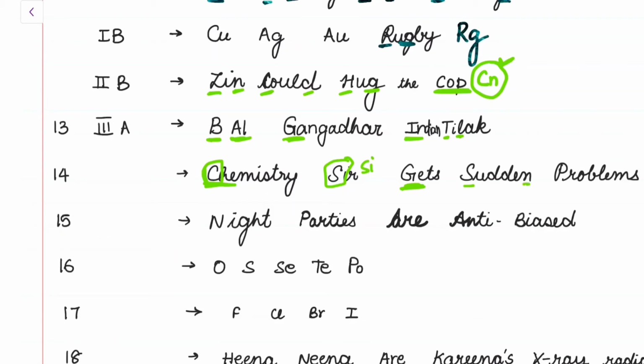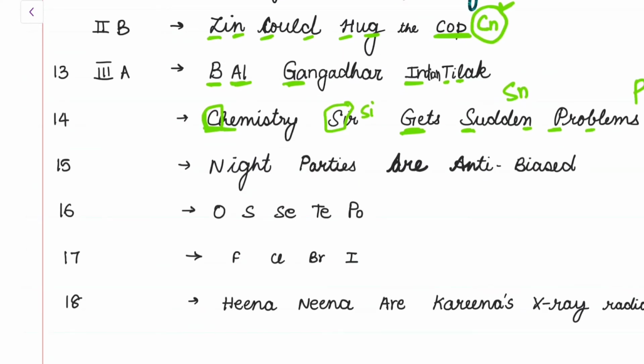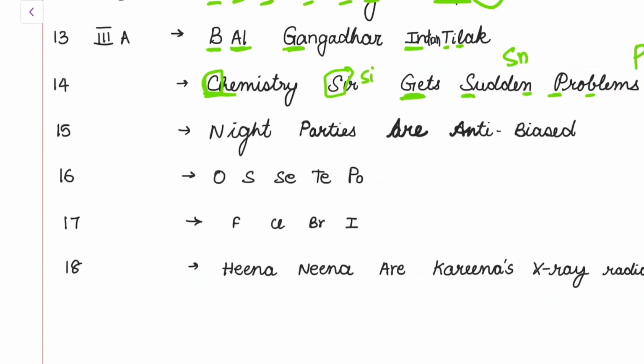So Sn is the symbol for tin, and problems, Pb for lead. So Pb, and here you have the sudden. Alright, so that was for 14th group of elements, which is chemistry sir gets sudden problems. Carbon, silicon, germanium, tin, and lead, SnPb.